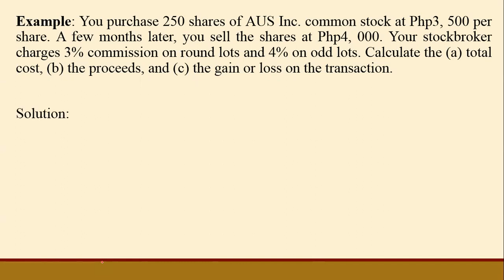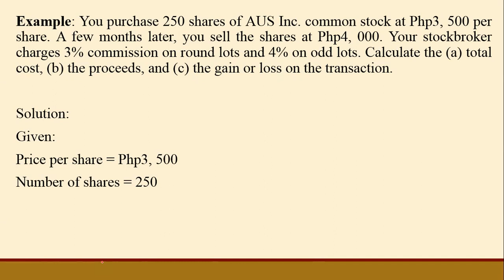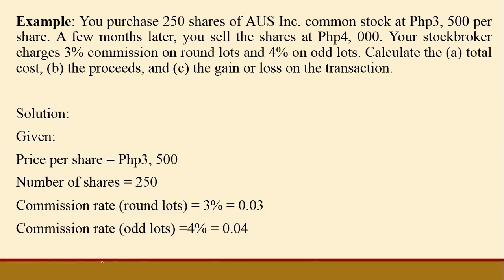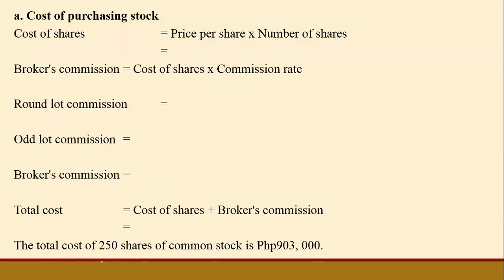For our solution, we have the following given: price per share, 3,500; number of shares, 250; commission rate for round lots, 3%; commission rate for odd lots, 4% or 0.04. Computing for the total cost, the cost of purchasing.